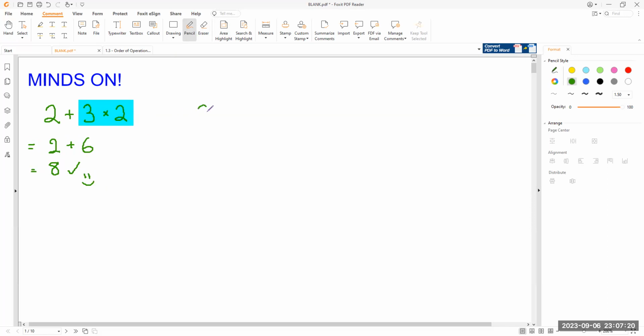If you decided to do the addition first, so that'll be 2 plus 3, that'll be 5 times 2, and the answer will be a 10, and that's actually incorrect, right? And by BEDMAS, B-E-D-M-A-S, the M, which stands for multiplication, comes before the letter A that stands for addition.